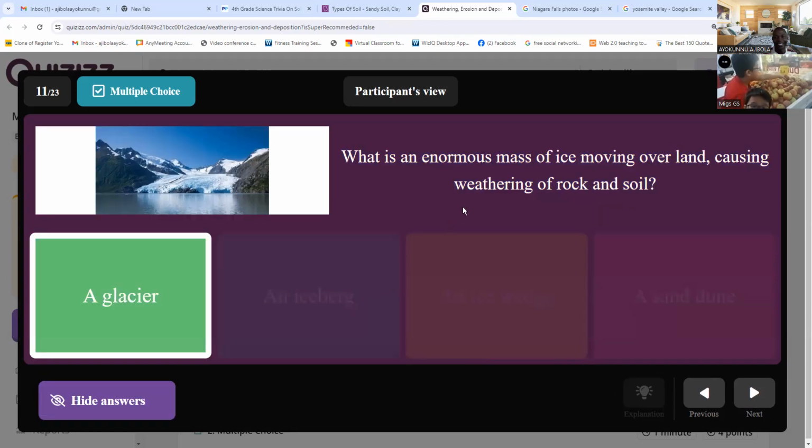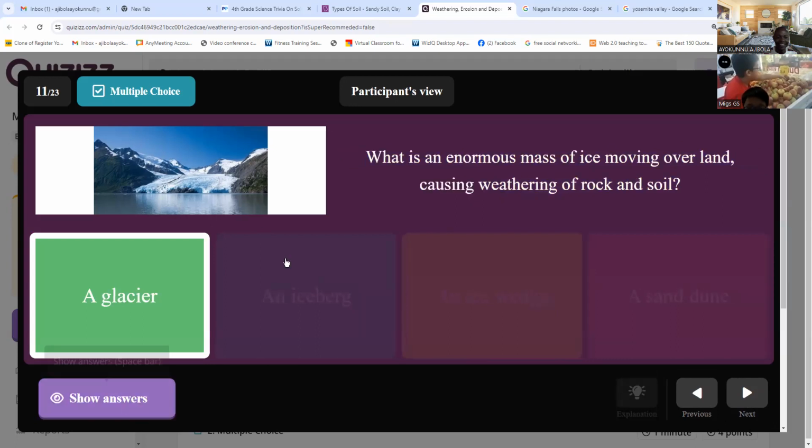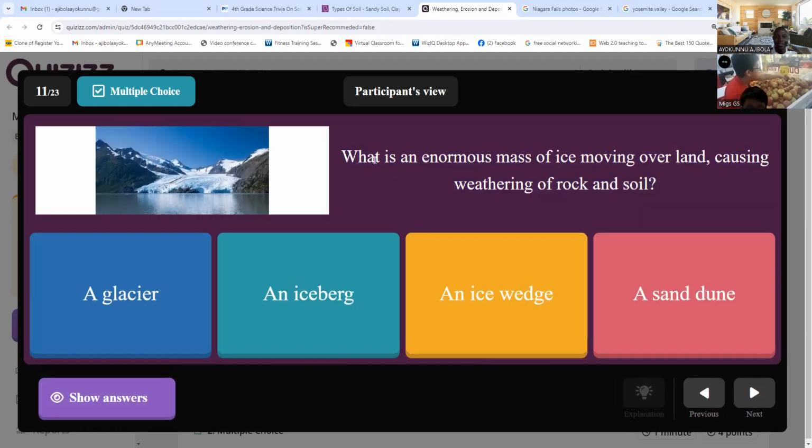It's an enormous mass of ice, moving over land and causing weathering of rocks and soil. So that's a glacier.